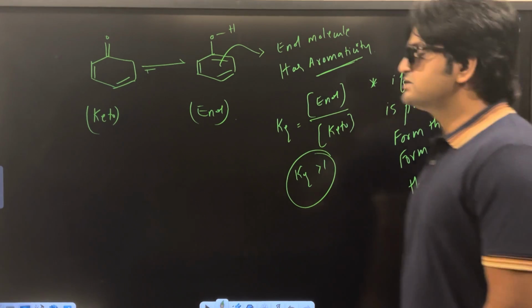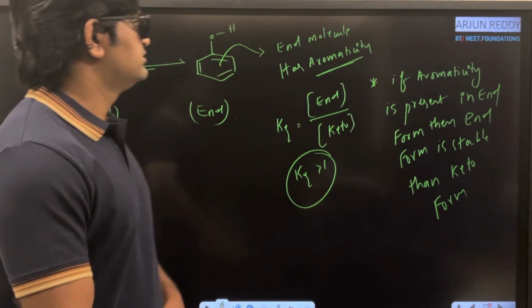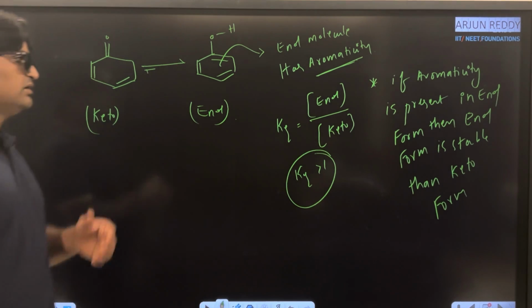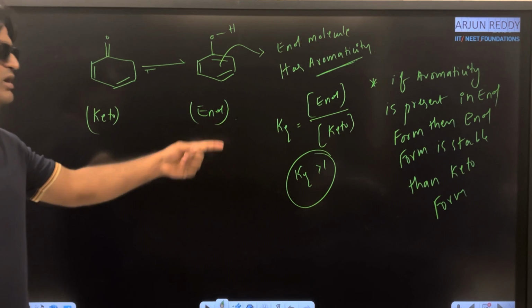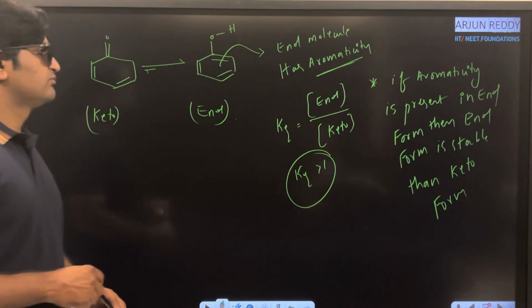Here aromaticity is the stabilizing factor. We are getting an equilibrium constant value greater than 1.